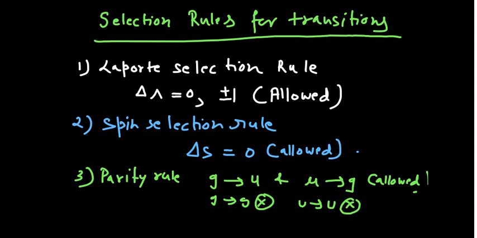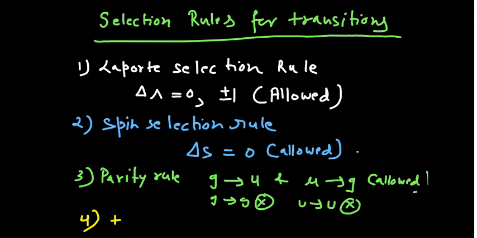And last, number 4. What number 4 says is that a transition depends on the sign of the wave function. If the wave function is positive, obviously it would be on the sigma term.